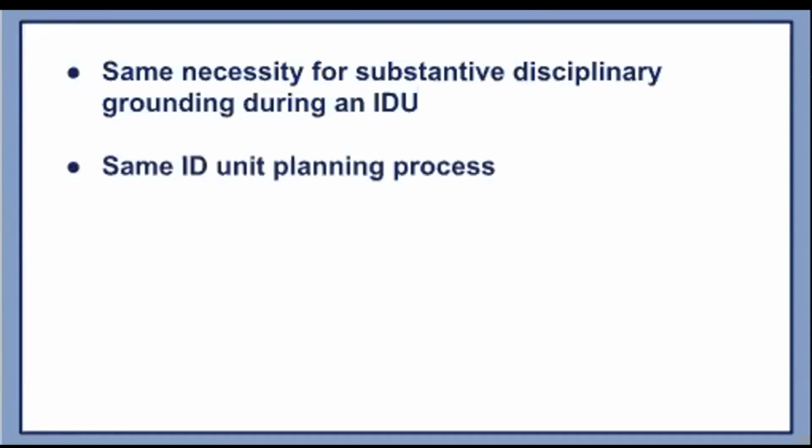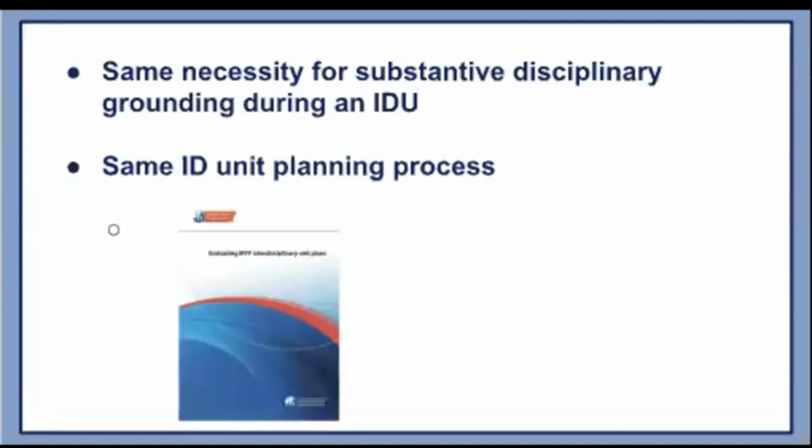So it's the same interdisciplinary unit planning process. And for those of you who already heard me say this, but if you need a refresher, you can refer to the previous IBMA Zoom session that we had on interdisciplinary unit planning. It still applies, again, except for the assessment part in the example unit plan that was shared.